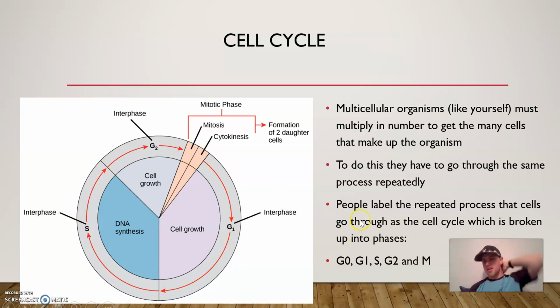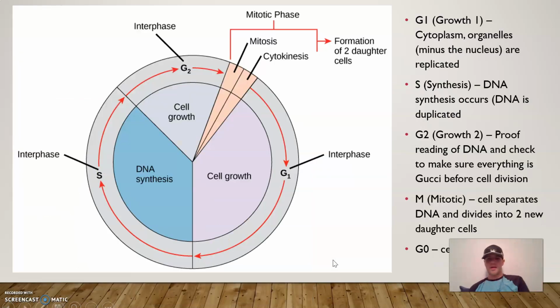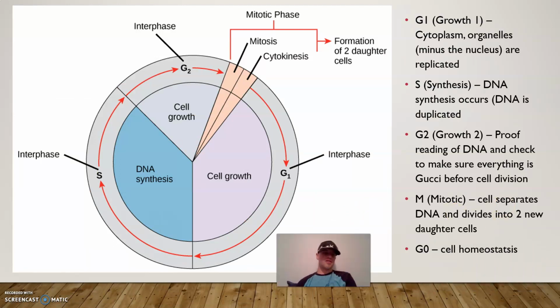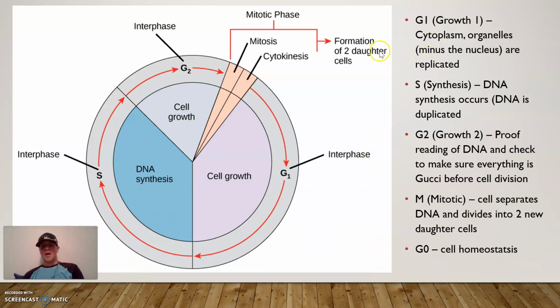All right, and so this cycle of replication is called the cell cycle. And these cell cycles are broken up into 5 phases. We're going to talk about them in more detail here. So the first phase is called the G1 phase, or growth 1. And it is where the cytoplasm and the organelles all divide, right?